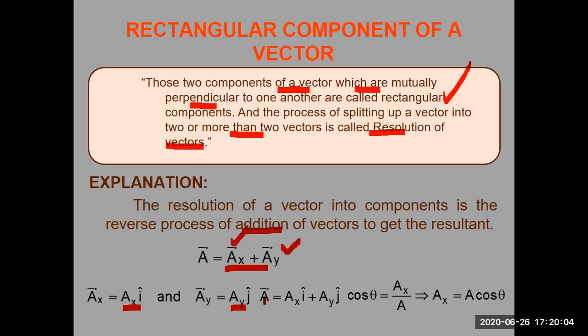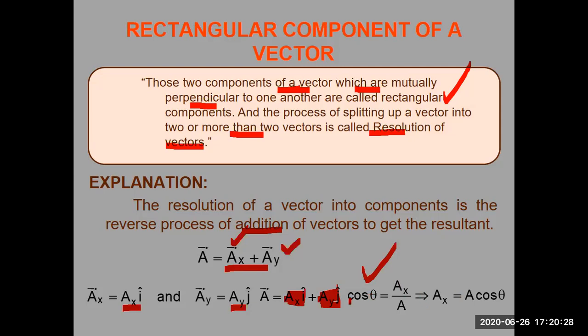If you add these together, A is equal to Ax i plus Ay j. If you are asked to calculate the angle, cosine theta is Ax divided by A, or Ax is equal to A cos theta.